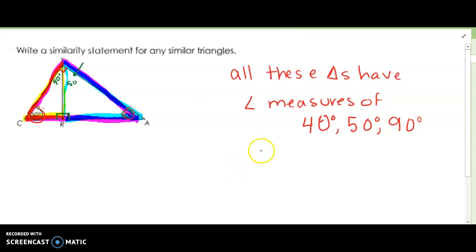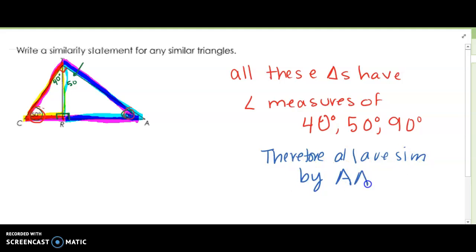Therefore, all are similar by the angle-angle similarity theorem.